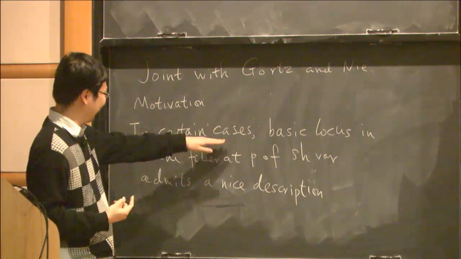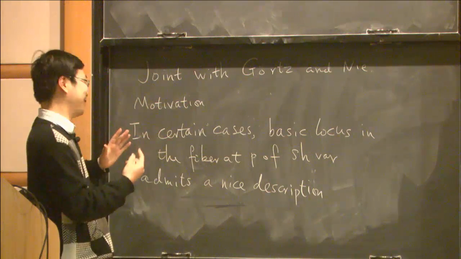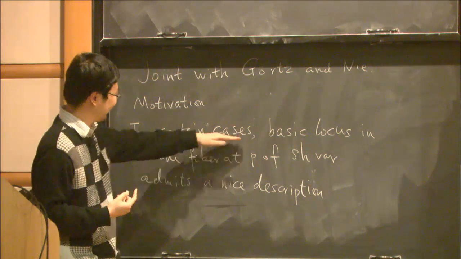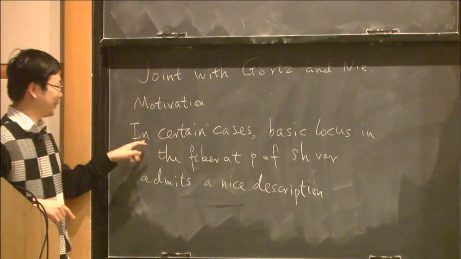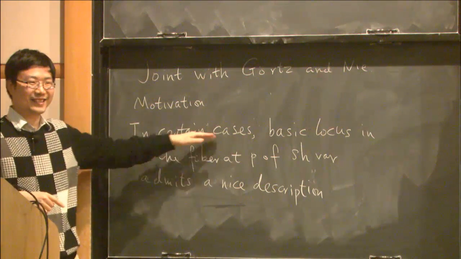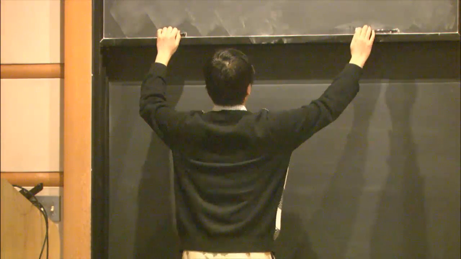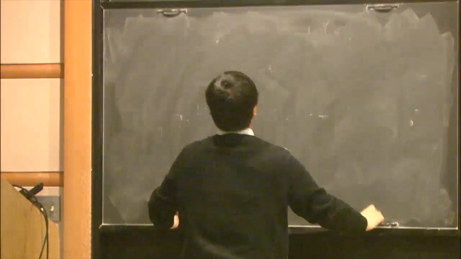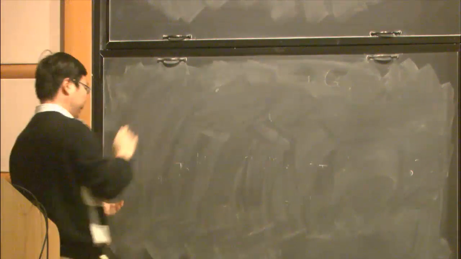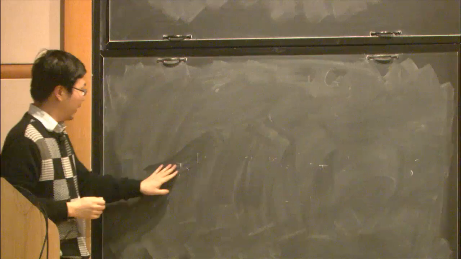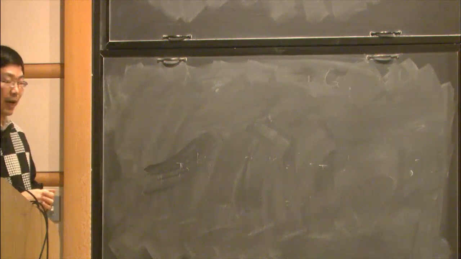And then the goal of my talk today is to make this more precise. I would like to say that recently there has actually been a lot of research on this kind of phenomenon.